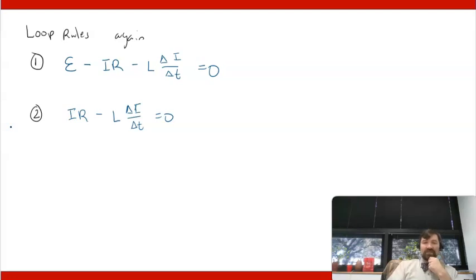In any case, these equations look a lot like the equations for the RC circuit that we got earlier.